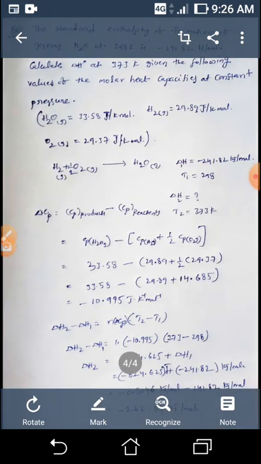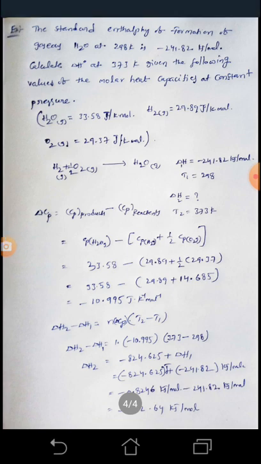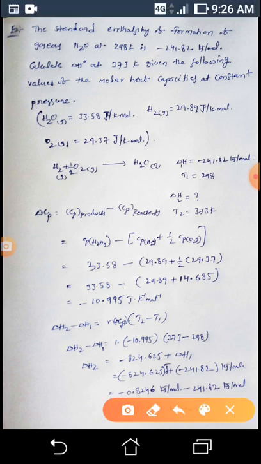Now one of the problems: the standard enthalpy of formation of gaseous H2O at 298 Kelvin is minus 241.82 kilojoule per mole. Calculate the ΔH at 373 Kelvin.